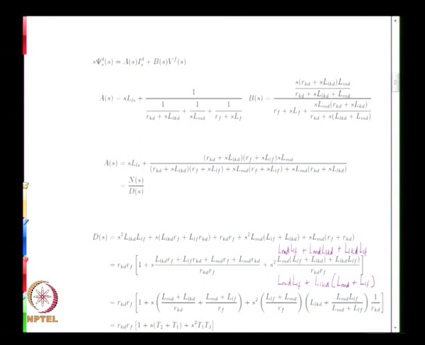So, what we have done is taken these two terms together and then taken LLKD common, LMD plus LLF is here, this is retained as it is.